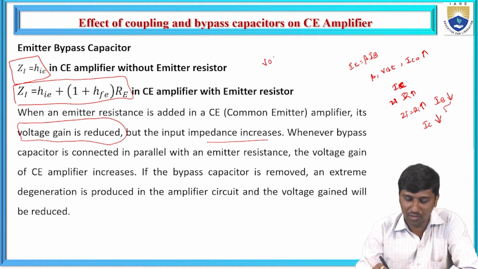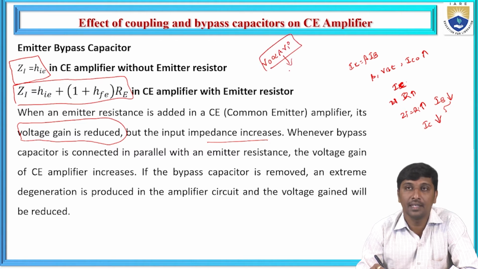Generally we know that Vo is directly proportional to A times Vi, where A is the amplification factor. So when we add the emitter resistance, it reduces the voltage gain, and hence the amplification is reduced.